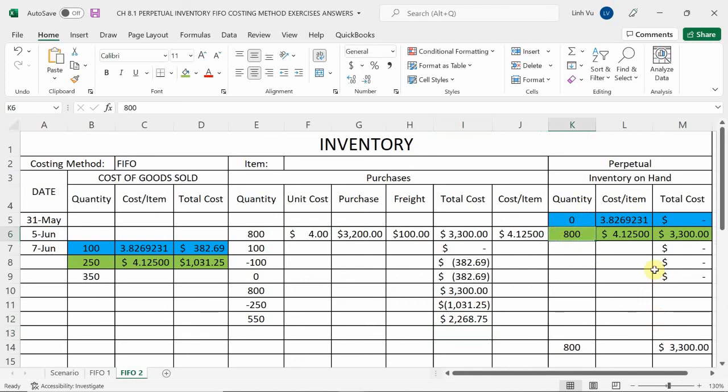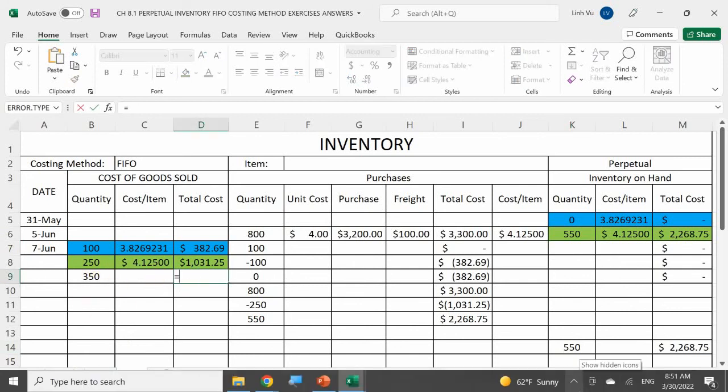So once we do the calculation in the middle, then we can match our units up together when we put in the numbers on our inventory on hand. We only have 550 units left. So that should give you $2,268.75, which is correct.